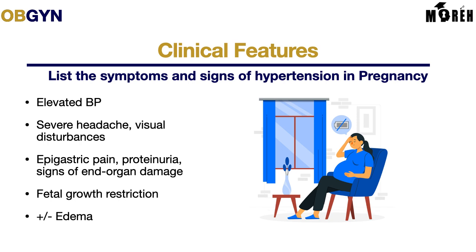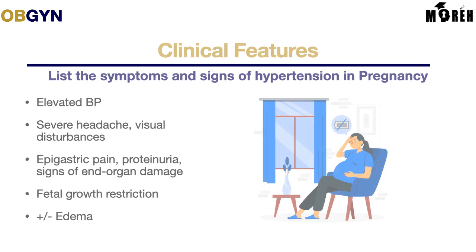So now that we know the symptoms and the signs of hypertension, and you are able to recognize that this is hypertension in pregnancy and classify it, how do you investigate? What is our focus of investigation? What do we focus on when we are investigating hypertension in pregnancy?